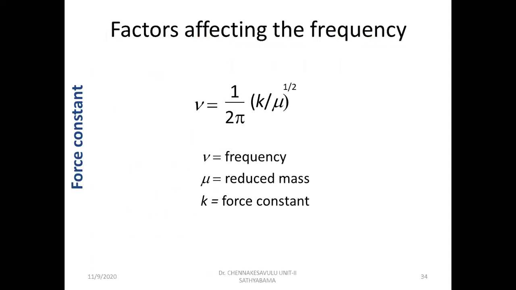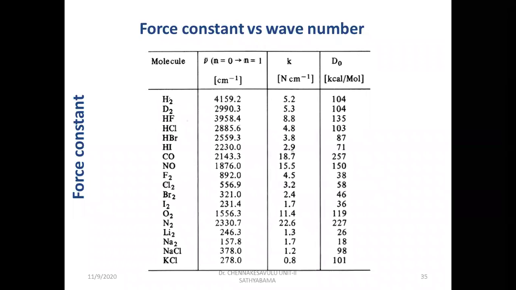Okay. First, factors affecting the frequency. First, determination of force constant. Nu is equal to 1 by 2 pi times the square root of k by mu. Nu is the frequency, mu is the reduced mass, k is the force constant. We can also write it with a nu bar; nu bar means the unit will be centimeter inverse.